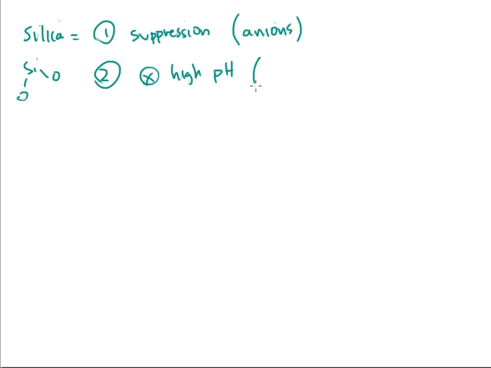Well, very high pH, let's take a look here. If my eluent is sodium hydroxide or potassium hydroxide, then I have an issue, because those are alkali, and those alkalis have very high pH units. They're over 7. A lot of times they are running about a 10 or an 11.